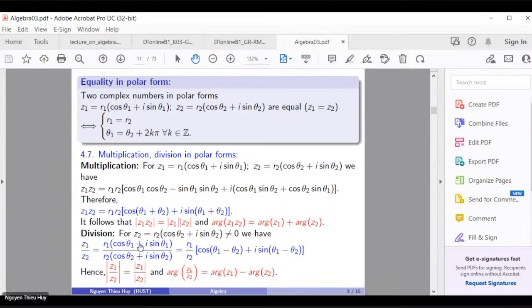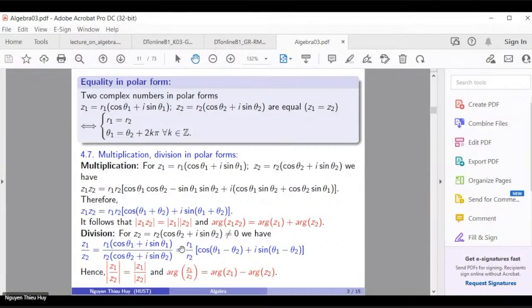For division, now we have to have the fact that the denominator here is different from 0, and we divide. So z1 over z2, when z2 is not 0, then we can divide. And actually this is easy.